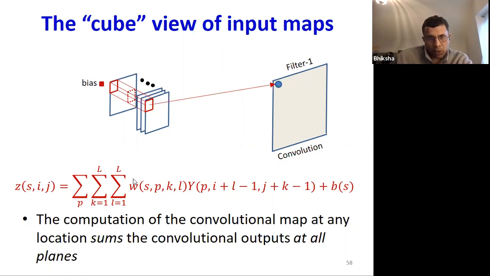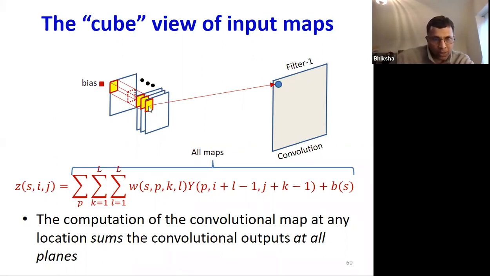This innermost loop over here is basically computing an element-wise product between the filter and the elements of this first map, and summing them up. So that's what this innermost loop is. And then I have the outer loop, which is going to perform the same operation on each of these maps and sum them all up.